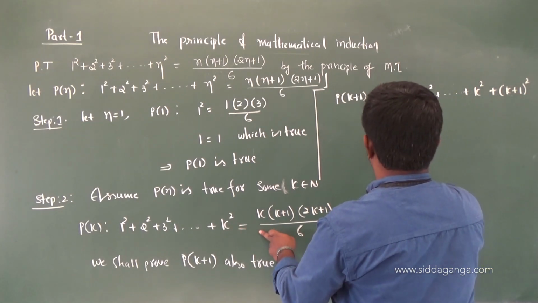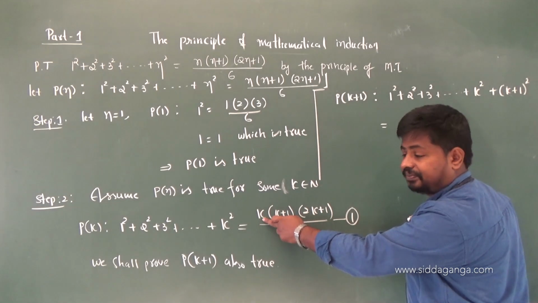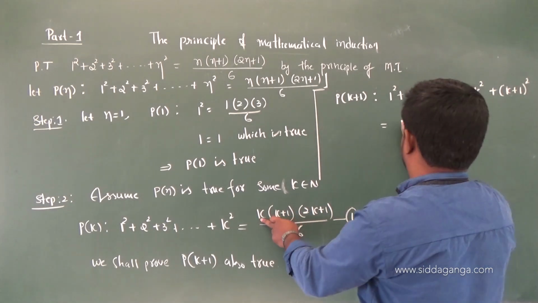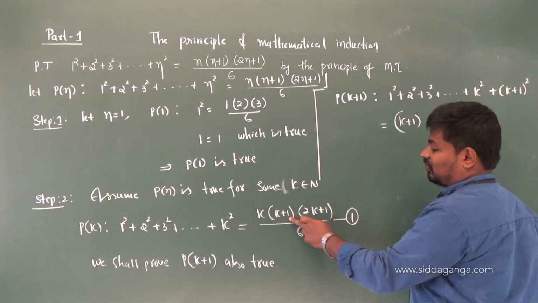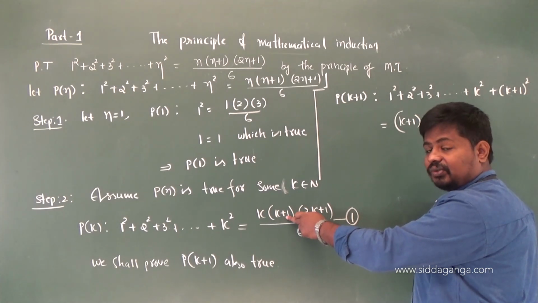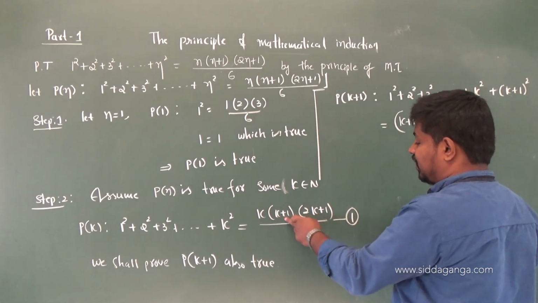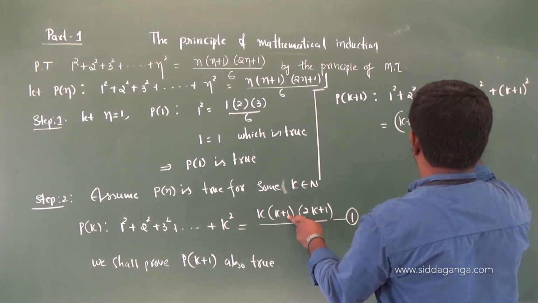And the answer should be what? Wherever you have k, substitute k plus 1, that's it. In place of k, you have to substitute k plus 1. So k plus 1 plus 1 you get k plus 2.